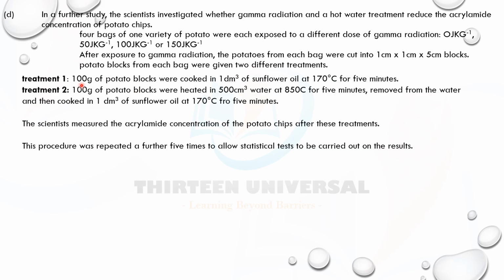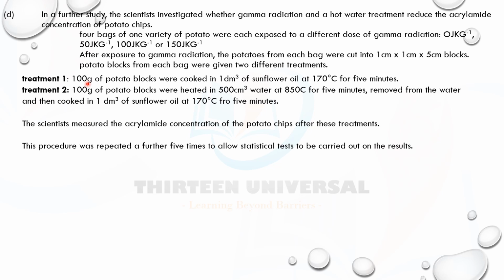Potato blocks from each bag were given 2 different treatments after exposure. Treatment 1: 100 grams of potato blocks were cooked in 1 dm³ of sunflower oil at 170 degrees Celsius for 5 minutes. Treatment 2: 100 grams of potato blocks were heated in 500 cm³ of water at 85 degrees Celsius for 5 minutes, removed from the water, and then cooked in 1 dm³ of sunflower oil at 170 degrees Celsius for 5 minutes.